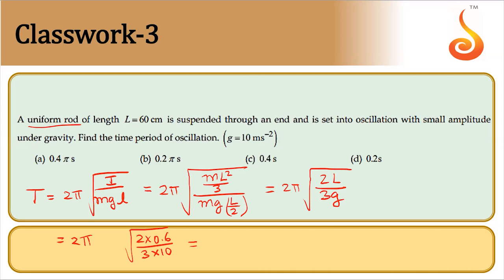So 2 into 0.6 is 1.2 divided by 30. So square root will be 0.2 into 2, that is 0.4 pi. So this must be the answer, option A.